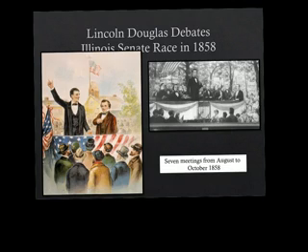And although he loses the Senate race in 1858 to Stephen Douglas, it puts Abraham Lincoln on the national stage, and he becomes one of the leading potential presidential candidates for the future election of 1860.